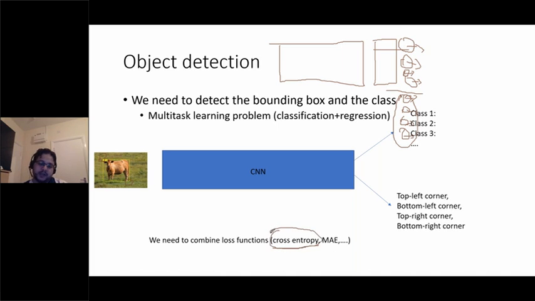For classification, we generally use the cross entropy, the categorical or the binary cross entropy, depending on how many classes we have. And for regression, what did we say? For regression, we generally use the mean square error or the mean absolute error.